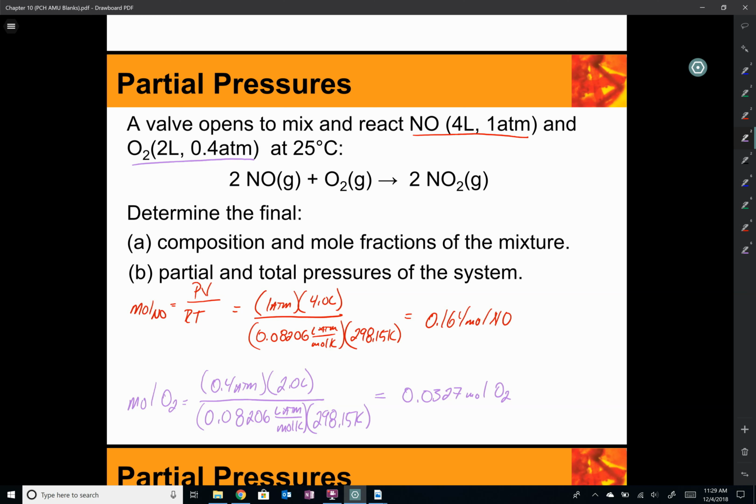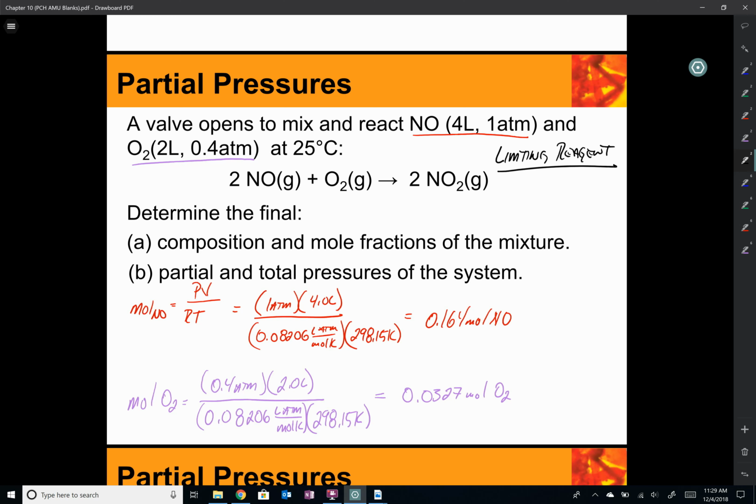Uh-oh, do you guys see what the problem is here? This is a limiting reagent problem. We have to know what our limiting reagent is. So do you remember how to do that?